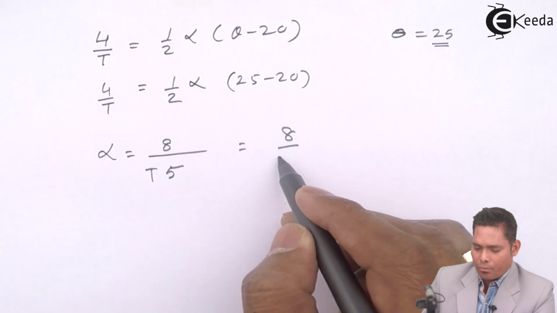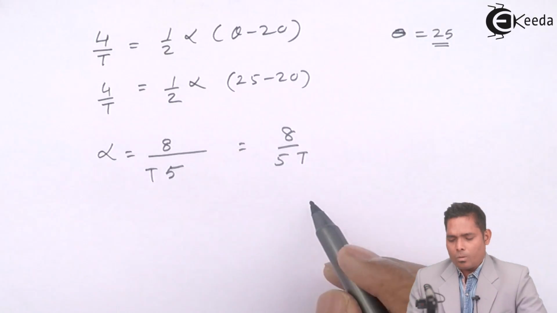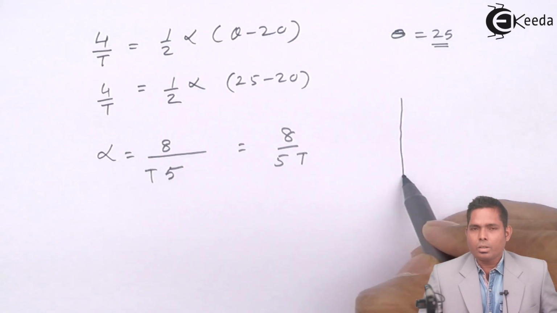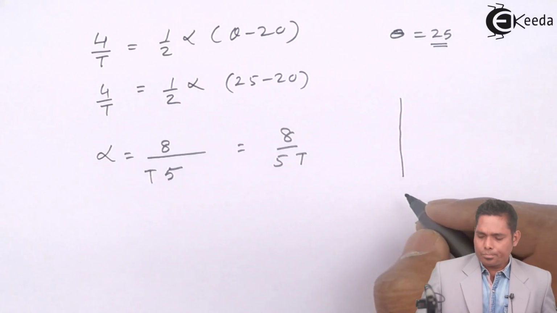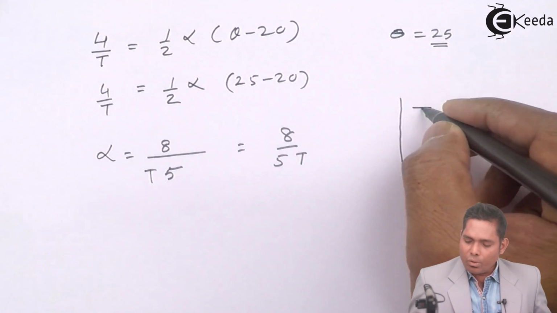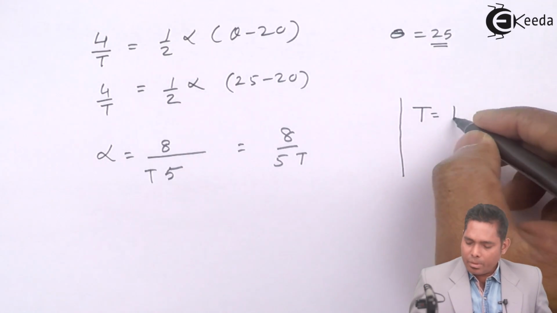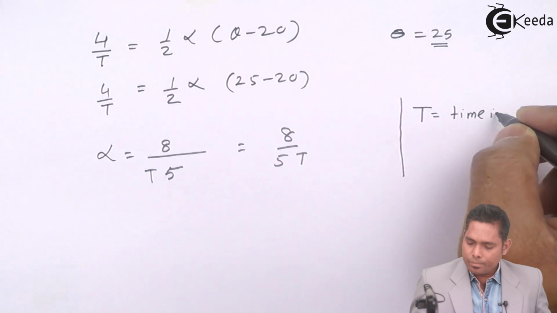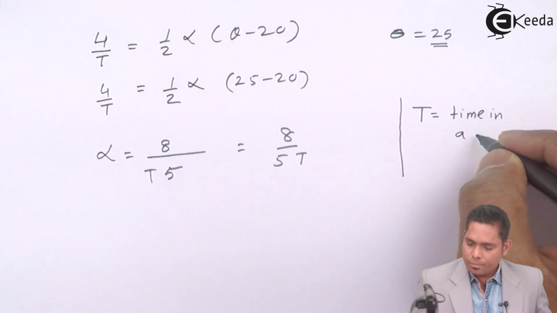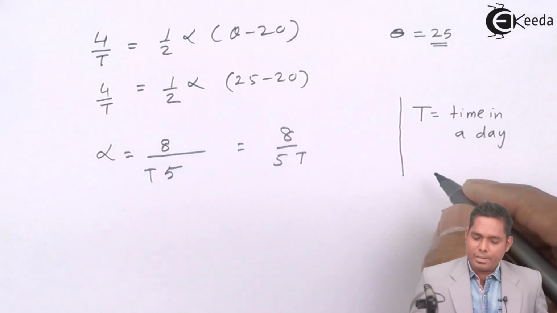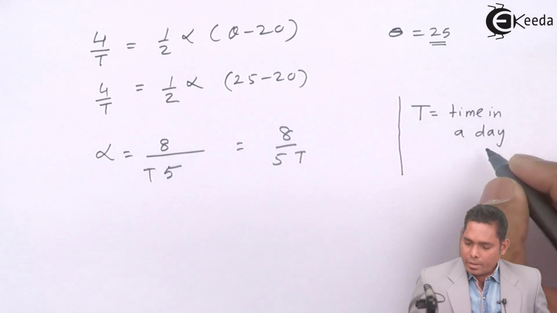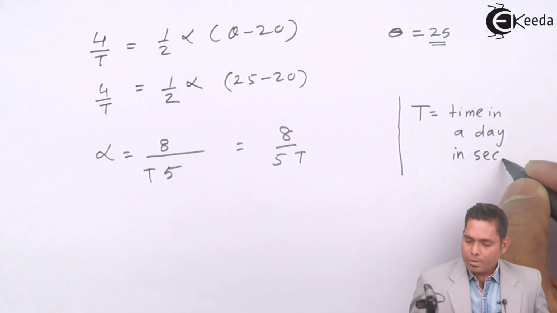So 8 by 5 into t. Now what is t? That we will substitute and see what we are getting. The value of t is the time in one day, that we have to write in seconds.